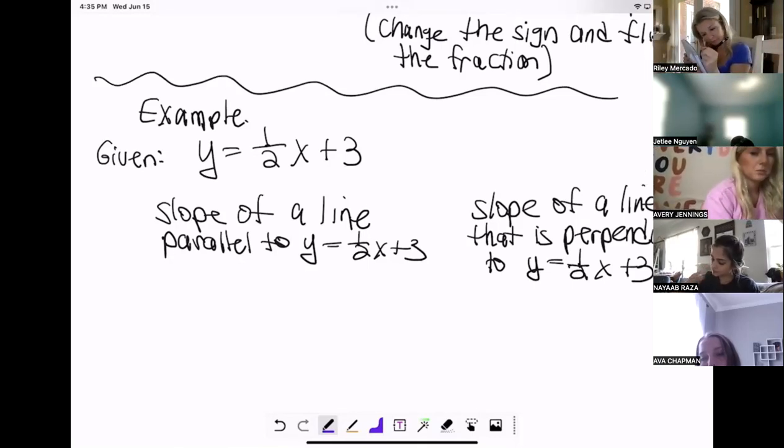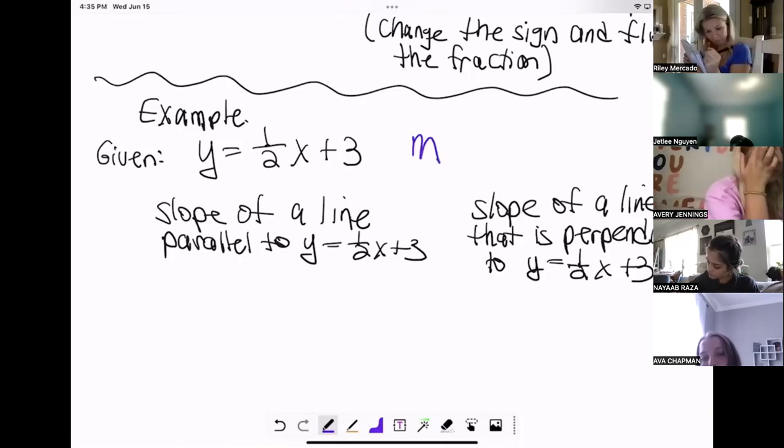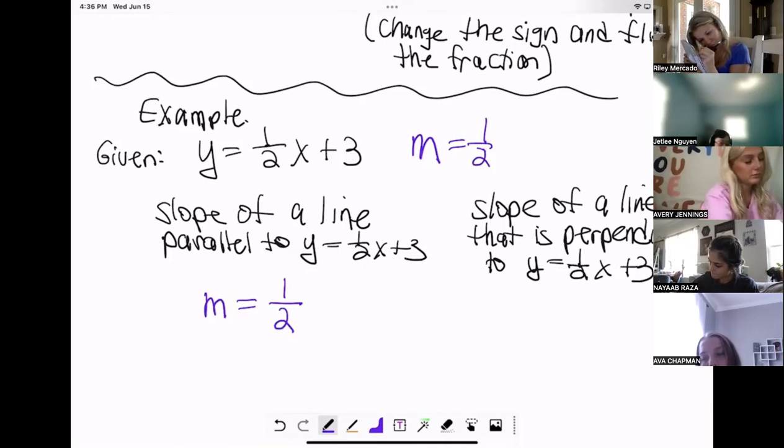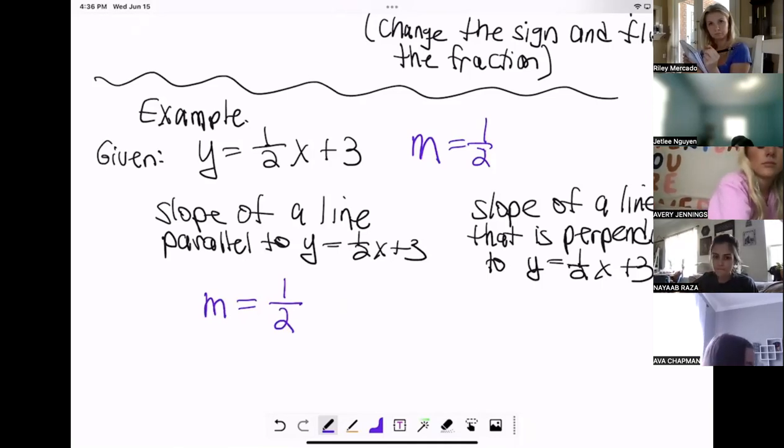All right, so the slope of my original line, my given line, is 1/2. If I want the slope of a line that's parallel, they have to have exactly the same slope. That's what keeps them parallel. That's what keeps them from crossing each other. But the slope of the perpendicular line has to be the opposite reciprocal slope.